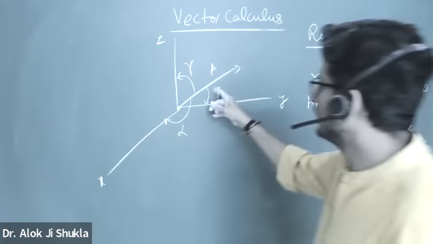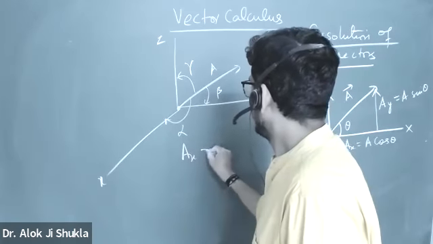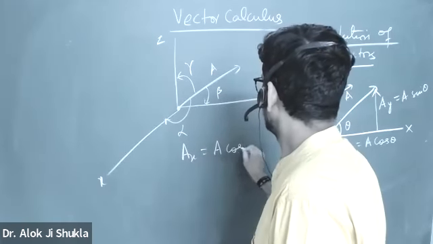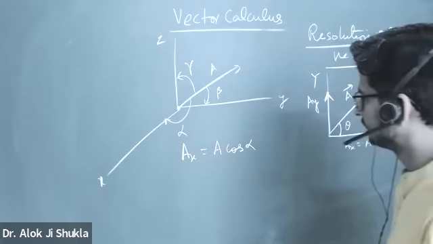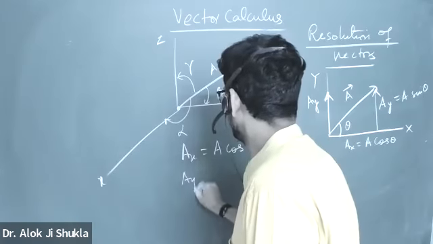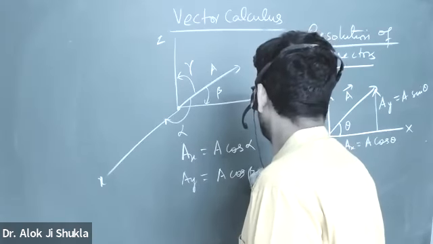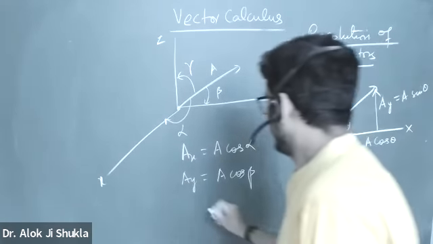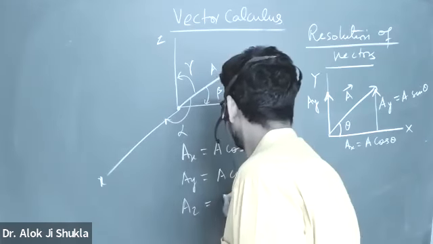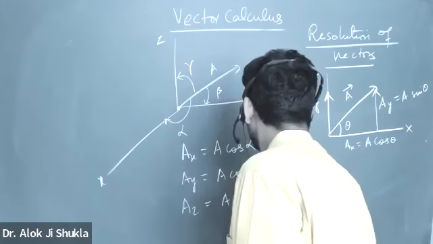So here also in the same way I can resolve. AX will be A cos alpha, AY will be A cos beta, and AZ will be A cos gamma.